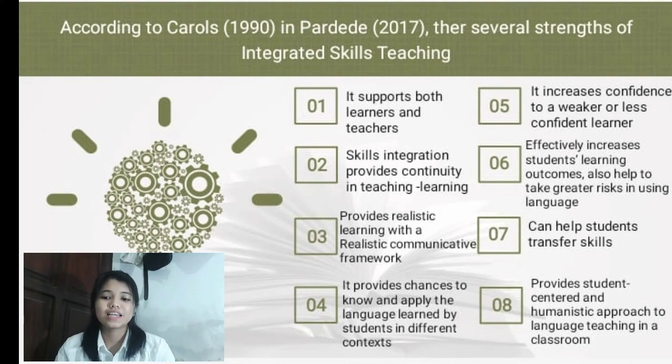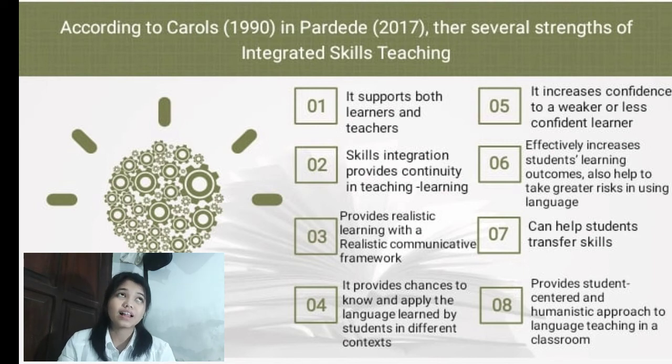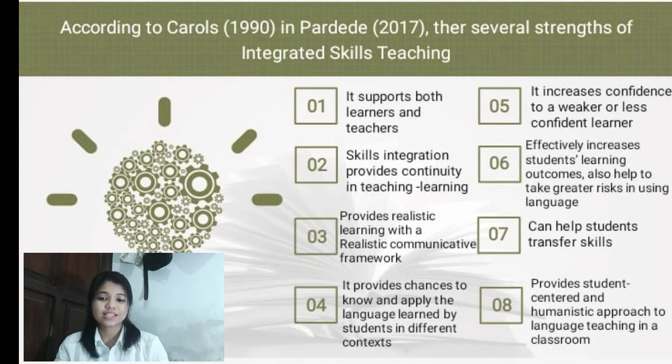The third is it provides realistic learning by allowing the skill integration for the development of the four skills itself within a realistic communicative framework. And the fourth is it provides a chance to know and apply the language learned by students in different contexts.